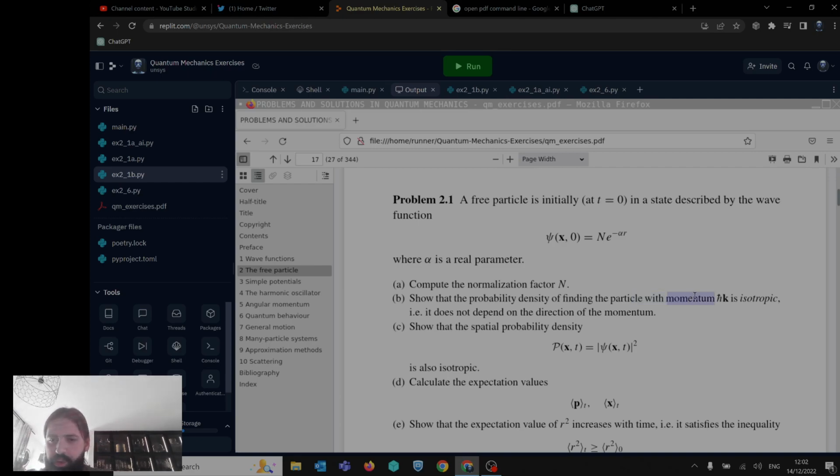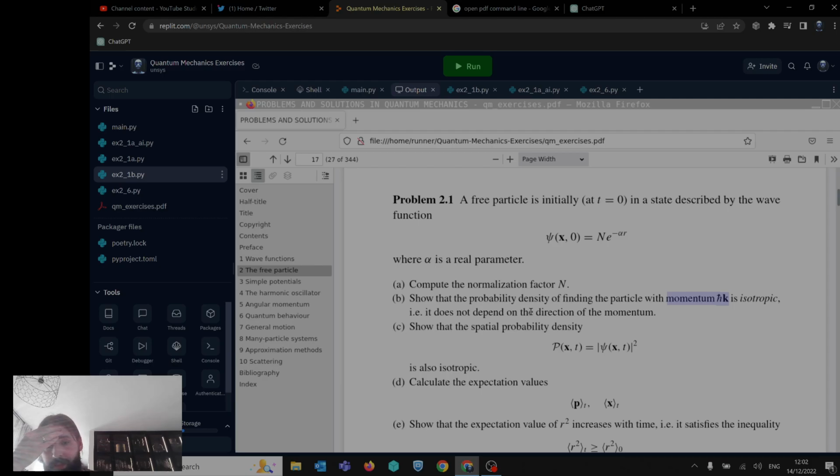So this, I don't know what to do with this. I guess I would do the integral to get to the momentum representation, then replace the momentum for this, and then somehow try to see that it's isotropic, so that it does not depend on the direction of the momentum. Okay.